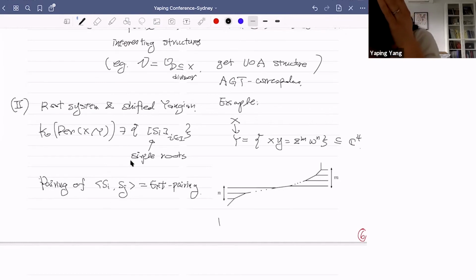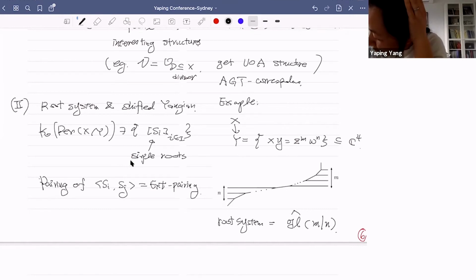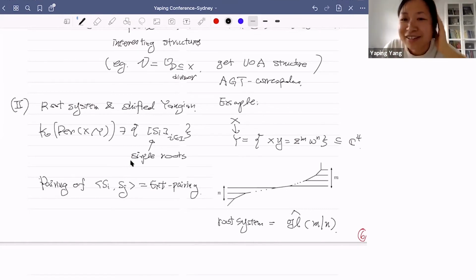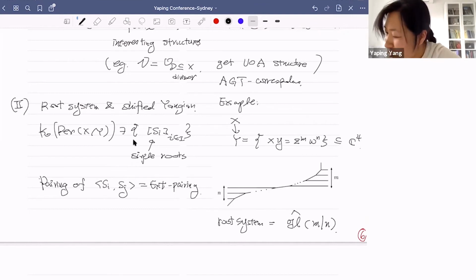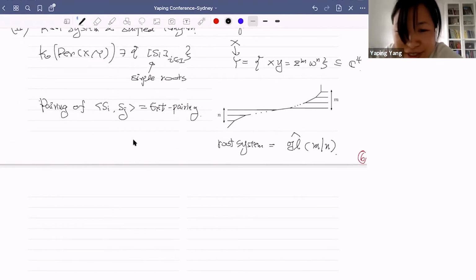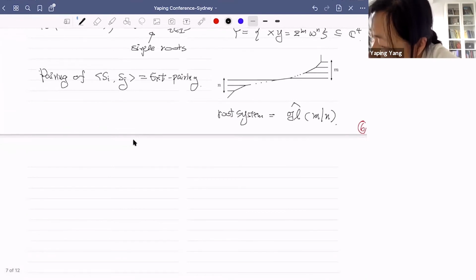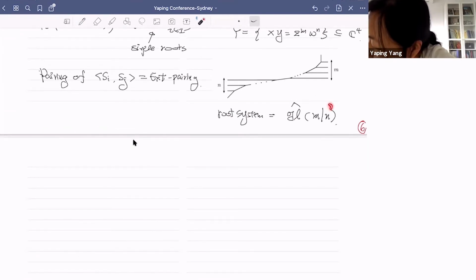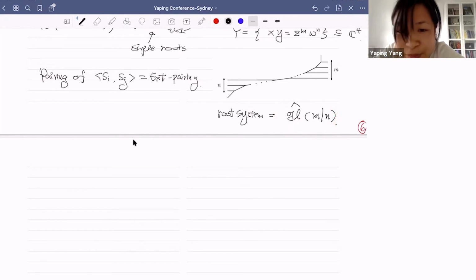In this example, the root system will be the affine gl(m|n), the super type A affine. So this is the root system, and the Yangian will be associated to a Lie algebra of this type.